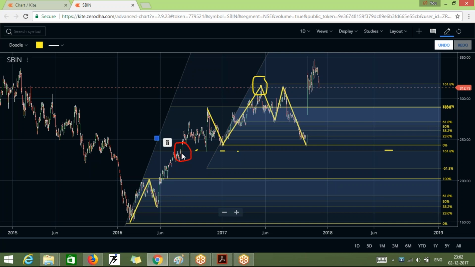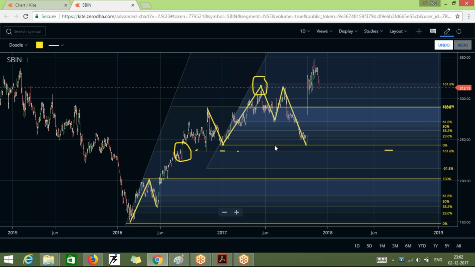Then the wave 5 scenario could be like, wave 5 would be either 161 times the entire length from the bottom of wave 1, which will be much smaller in size compared to wave 3, because the first rule is that wave 3 cannot be the shortest one. So in that case, we take the entire length, and it should be 1.618% of the entire length, and another one is 2.618 times the entire length. So this is how it is being drawn.